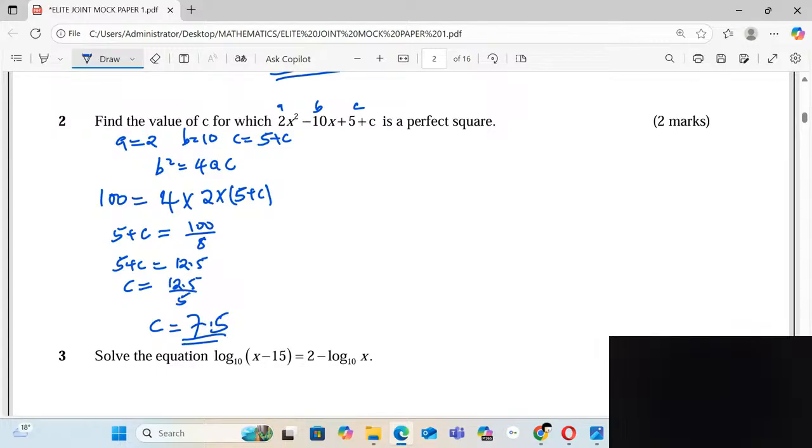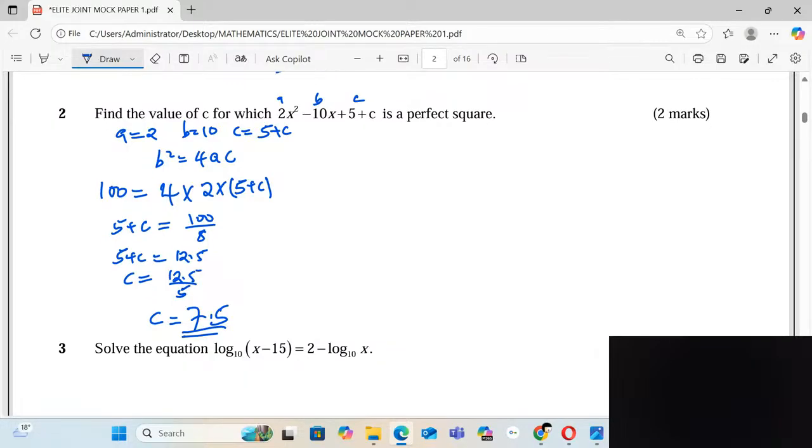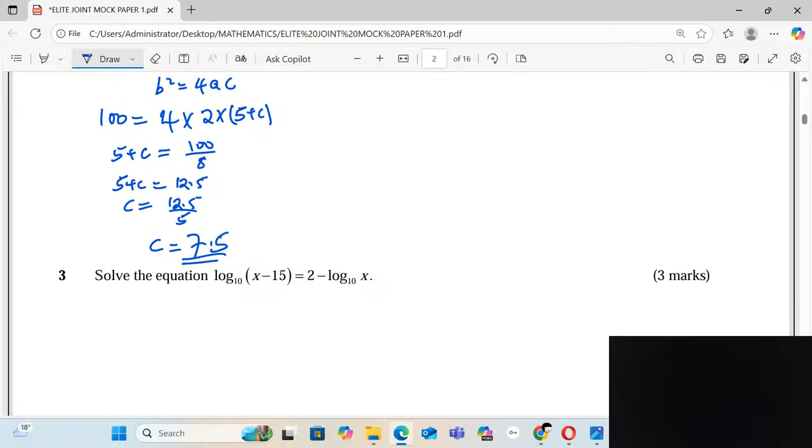That is how you find the value of c for which 2x squared minus 10x plus 5 plus c is a perfect square. So that is the value of c, 7.5.